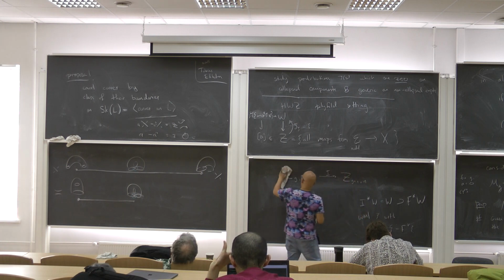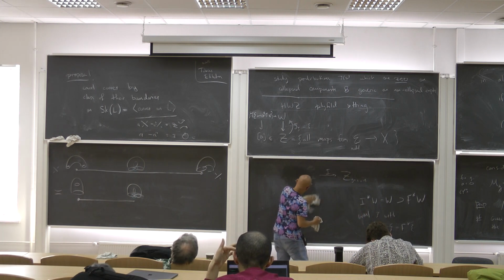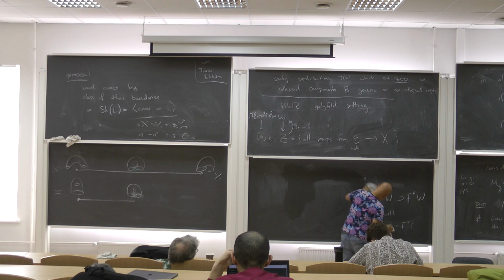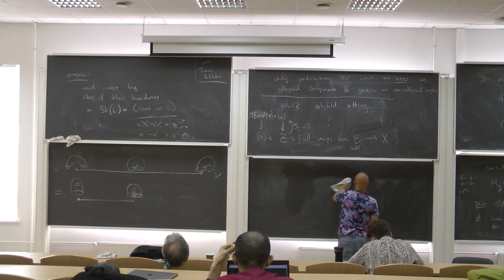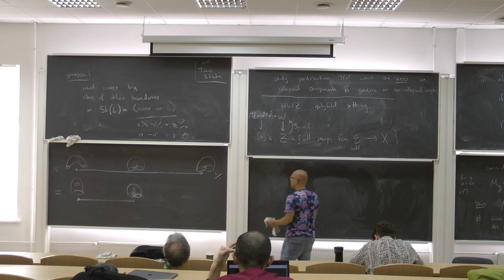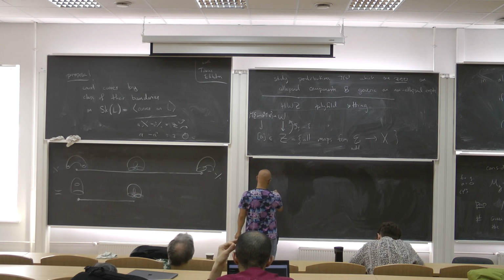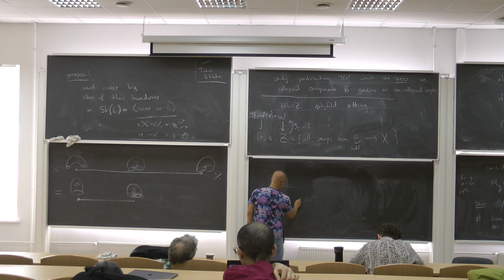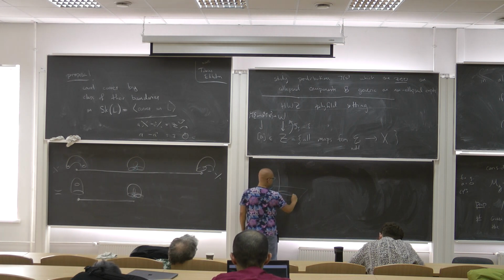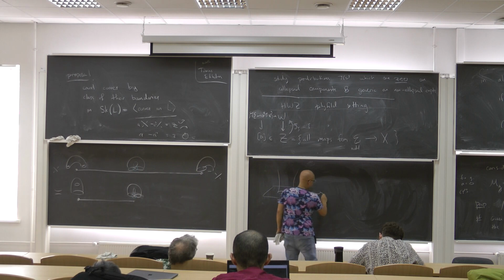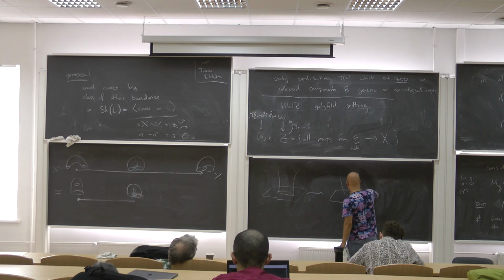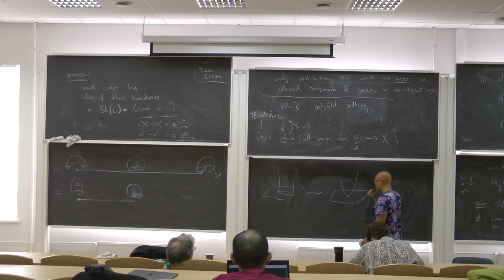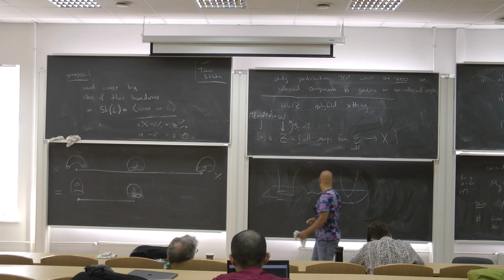Here's a Lagrangian, and you can have something which ends on this Lagrangian degenerate to something which ends on it only at a point. That circle could shrink to size 0.